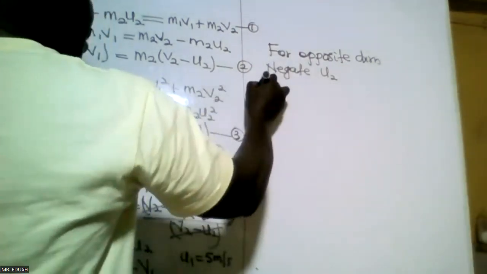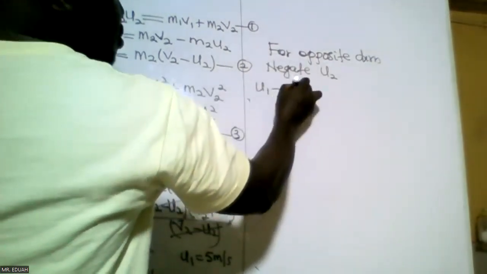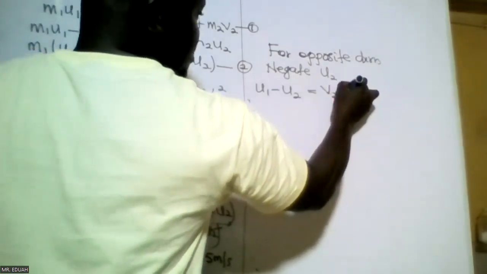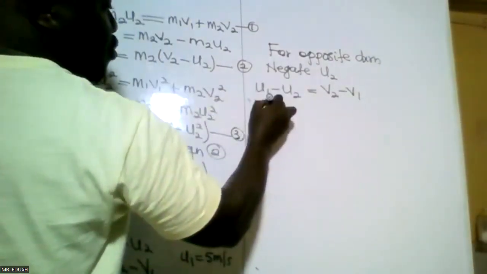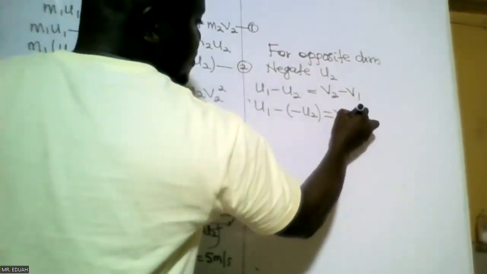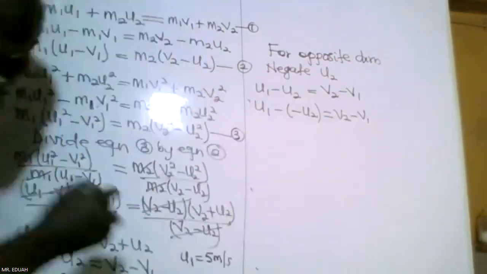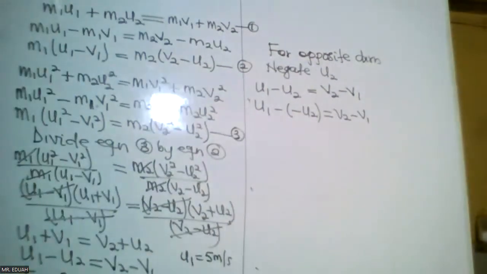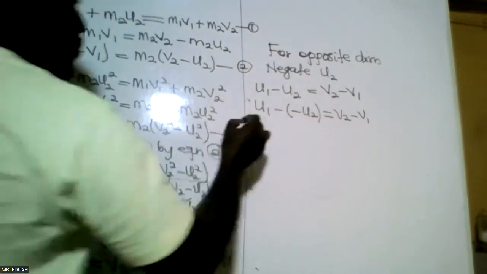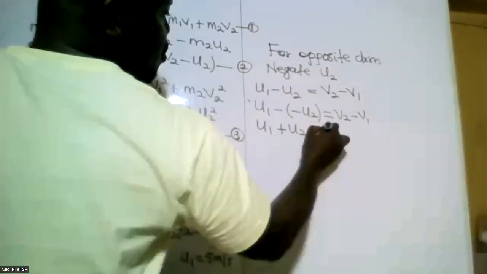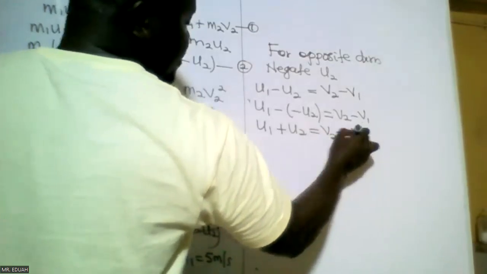So using U1 minus U2 is equal to V2 minus V1, and this is simply to mean that this one is in the opposite direction. So we have U1 plus U2 equal to V2 minus V1.